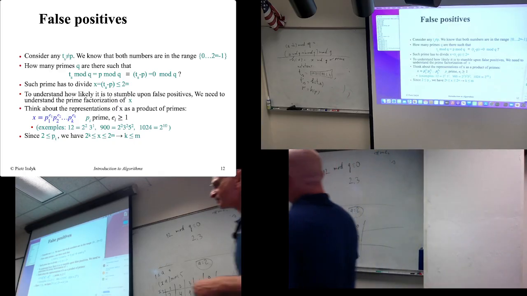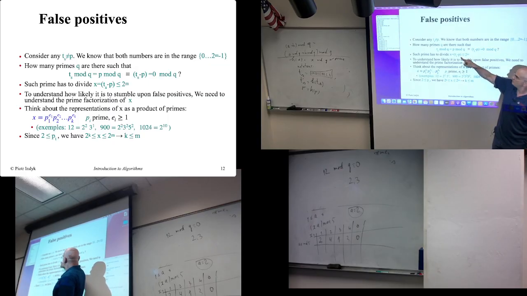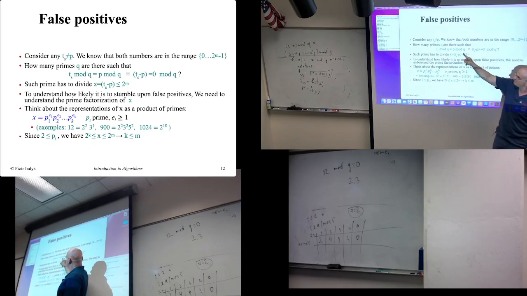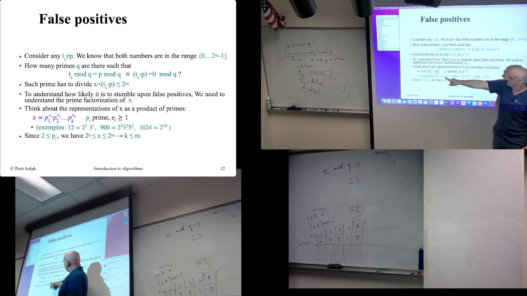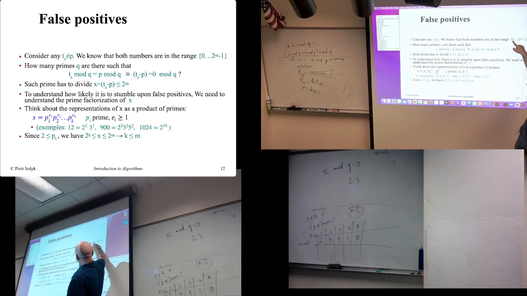So now let's put this fact together. X gave me a false positive. X modulo Q gave me a false positive, meaning it's divided by one of the bad primes with respect to this X, or with respect to this theory. How many primes participate in the prime decomposition of X? Well, we already established that X only has m bits, so X is smaller than this number. It's at most 2 to the m minus 1.